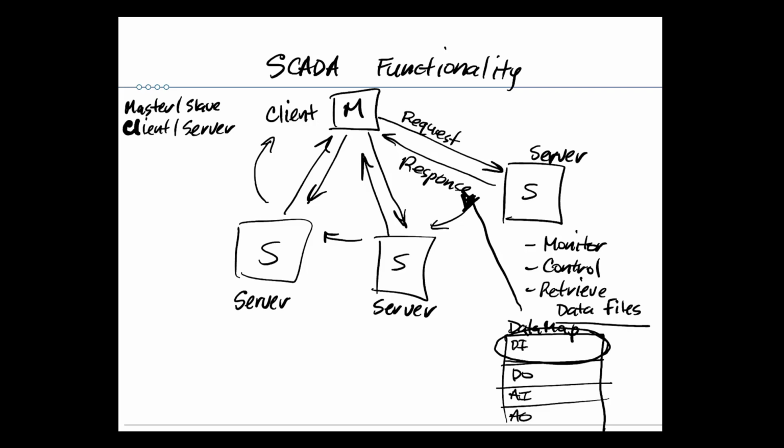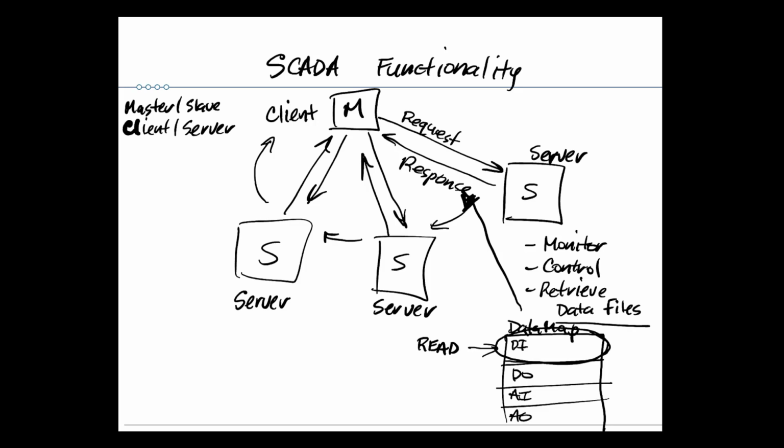Those DIs need to be monitored by the master. The master wants to know the status of those devices. And so when you look at a DI and the functionality that the SCADA protocol would have to have in order to determine that status, you'd be looking at a read function.